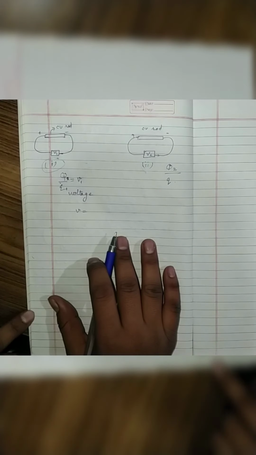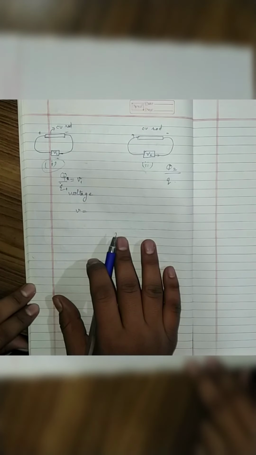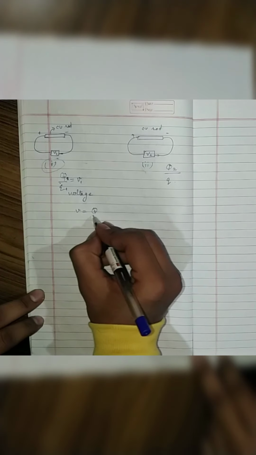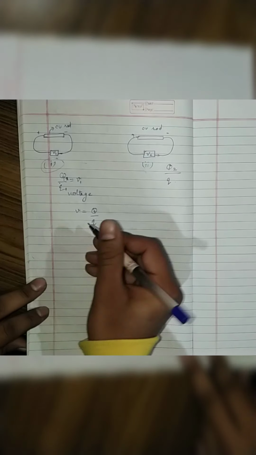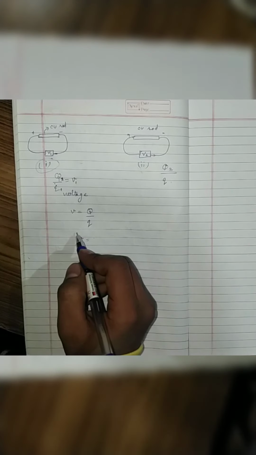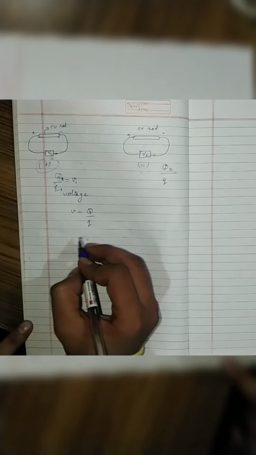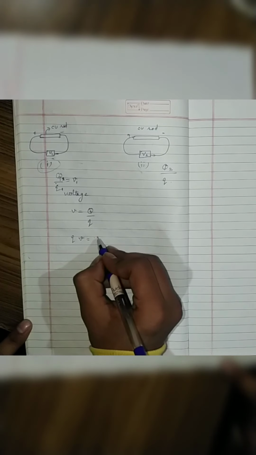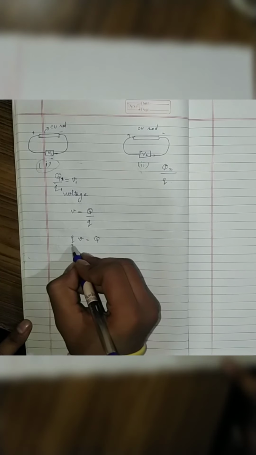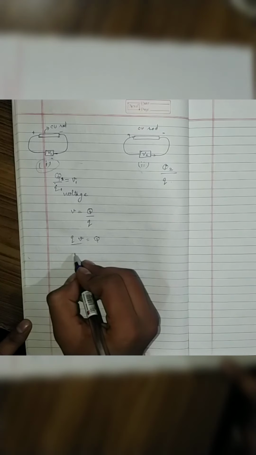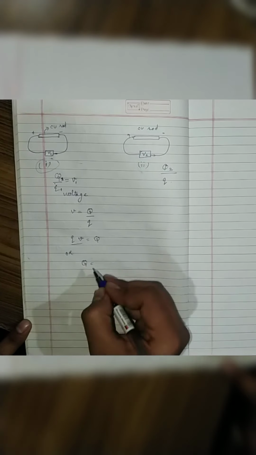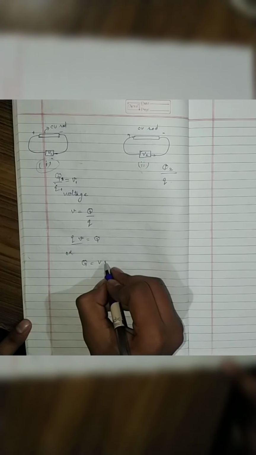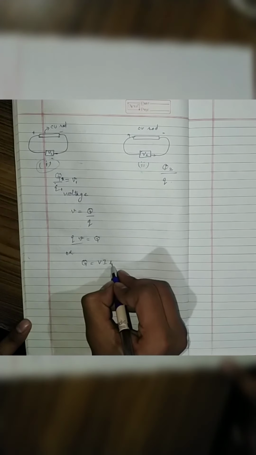We can say the higher the voltage, the higher the amount of heat generated. By using the previous equation, we can write Q is equal to Q times V, or the amount of heat generated is equal to V I T.